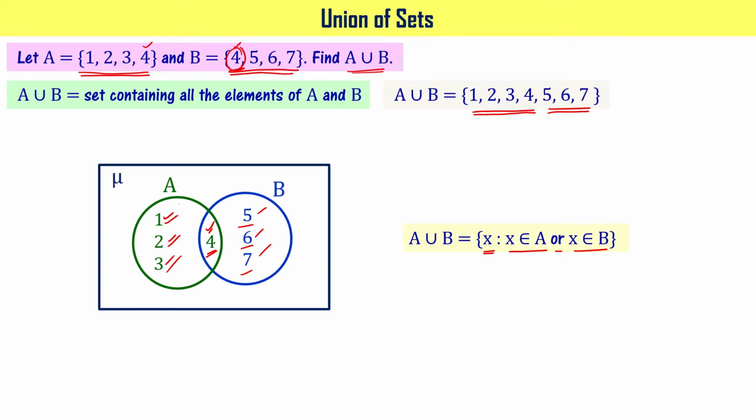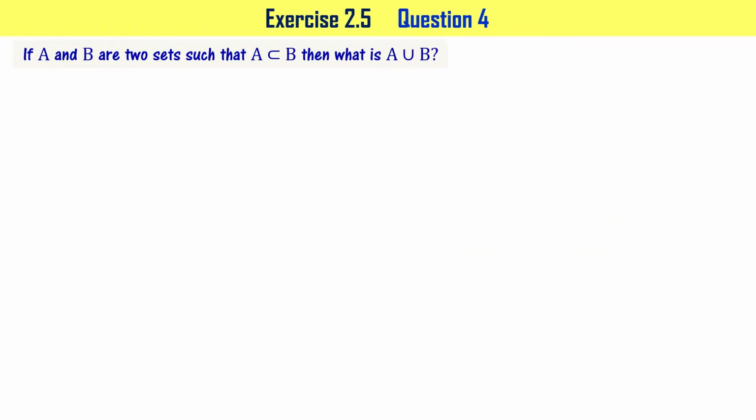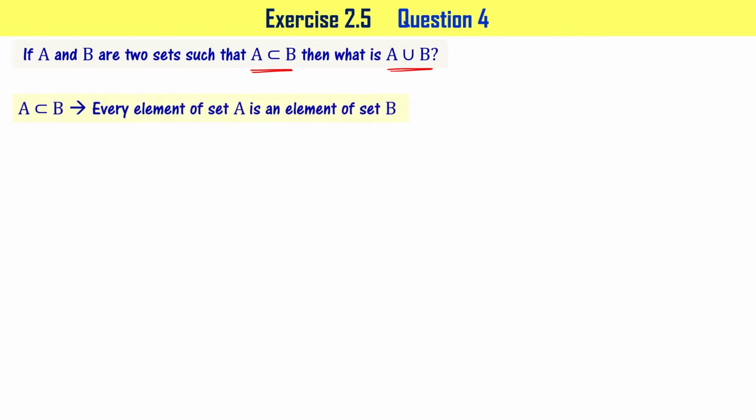Now let's go back to the problem. A and B are two sets such that A is a subset of B. Then what is A union B? Right? This is the question. A is a subset of B. It means every element of set A is an element of set B. Right?